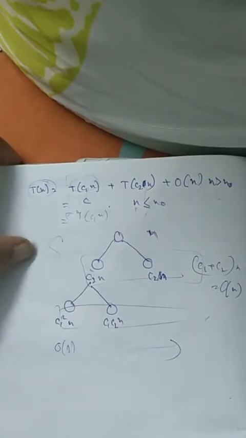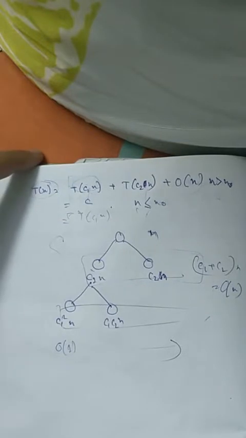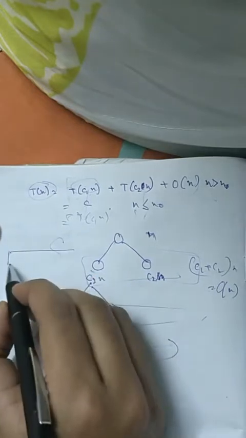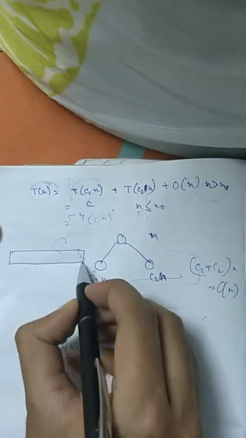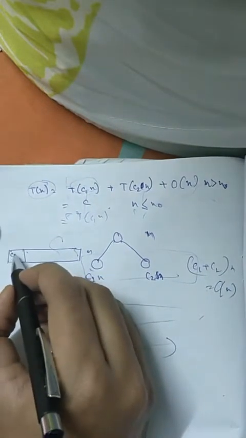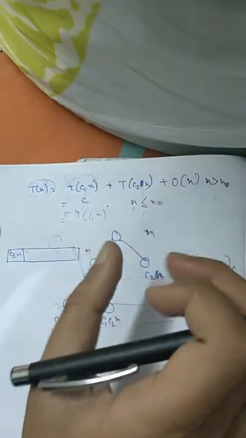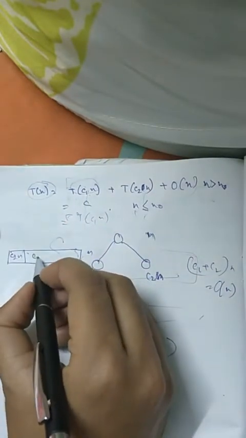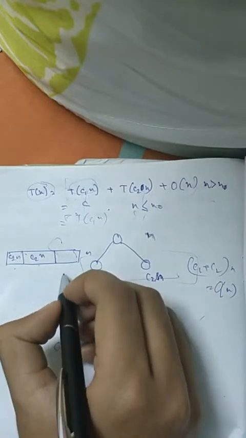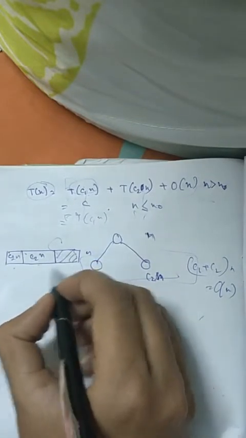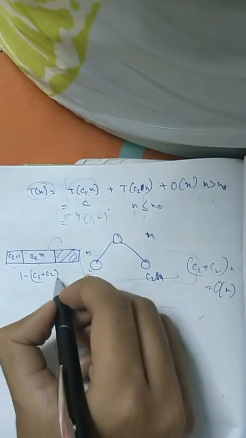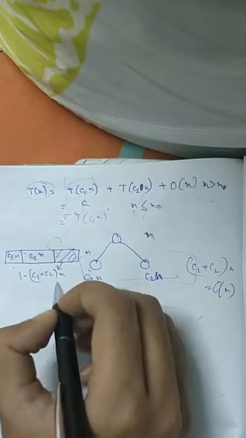What I wanted to tell is that, suppose we have an n sized array, and suppose this is c1 part of n, c1 n, c1 and c2 are fractions. This is c2 n. Suppose c1 plus c2 is less than 1, then we have some remaining part of n, which is (1 minus (c1 plus c2)) times n.